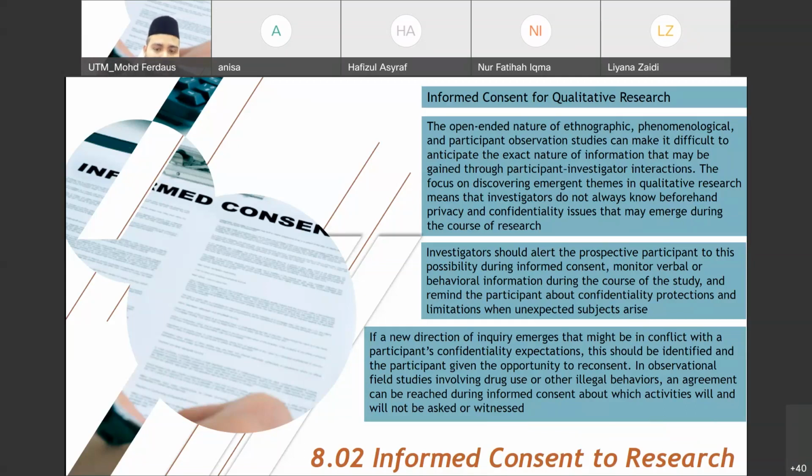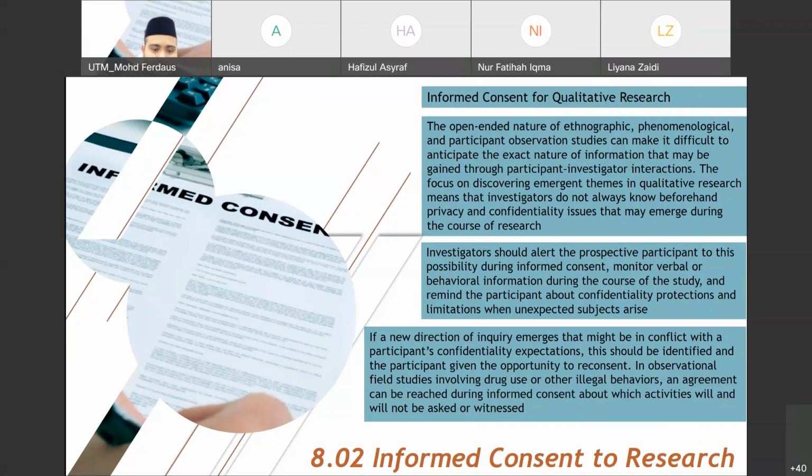But when you talk with the wife, the wife somehow informs you about a problem that could occur because of her husband's previous experience with his previous wife. So that is a confidential issue that the husband doesn't want to disclose or discuss. So you need to make sure whether the new direction is in line with the confidentiality aspect or not.